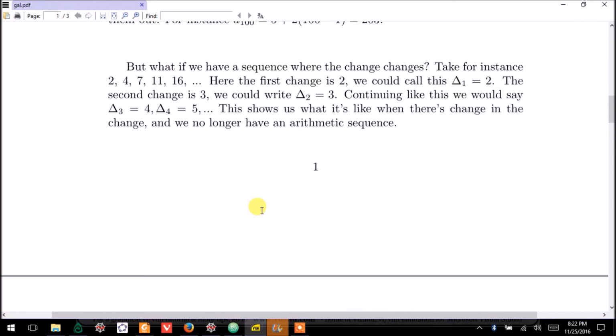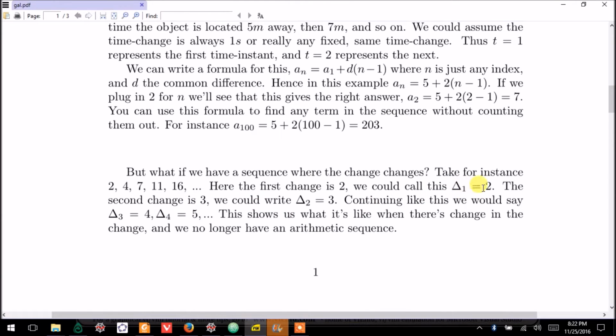So in this sequence, delta 1 is equal to 2, delta 2 is equal to 3, and so on. So delta delta is equal to 1 because the deltas are changing by a constant rate of 1 every time. This is kind of like having constant acceleration motion. And so if we could solve this, we might be able to solve the physics problem that we're trying to solve. And we'll start on that project in the next video.